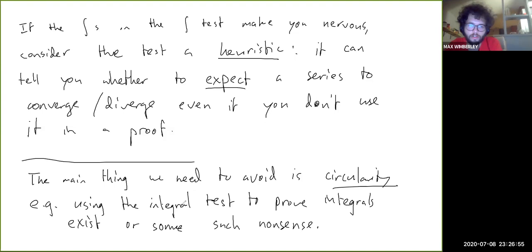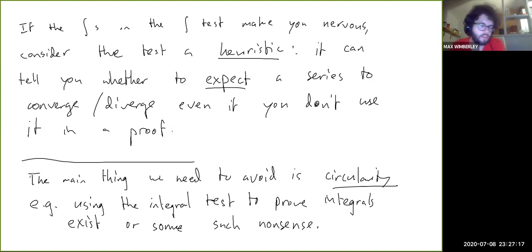Obviously, if you use the integral test to prove something, and then you use that thing to prove that integrals exist, or who knows what, there are all sorts of circular connections that can happen, and that's the main thing we try to be really careful of in this class. We want to make sure we build the theory in this ground up way to avoid circular logic, to make sure the theory itself is actually sound, okay?